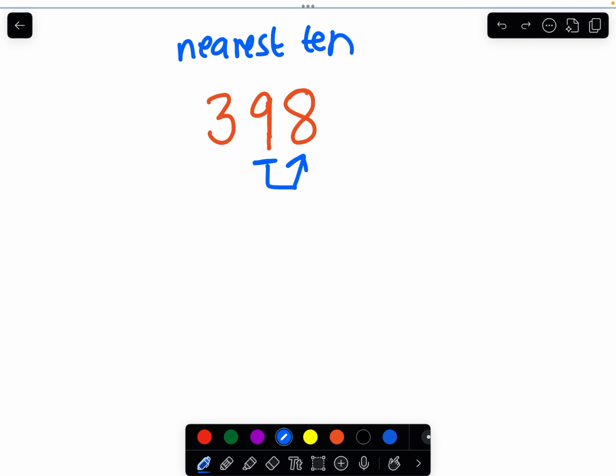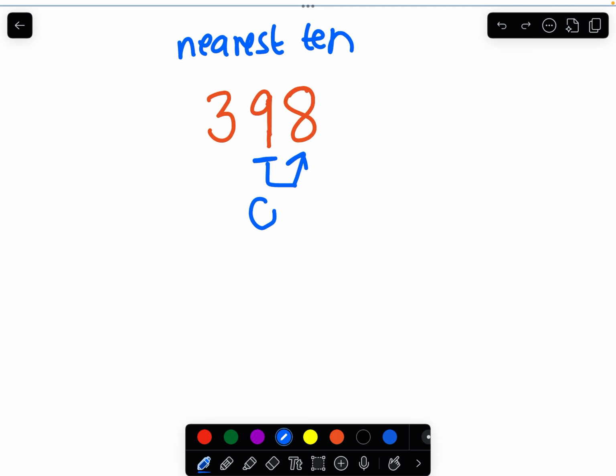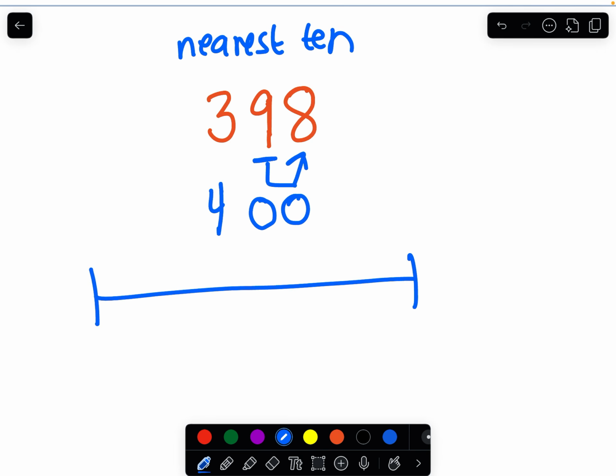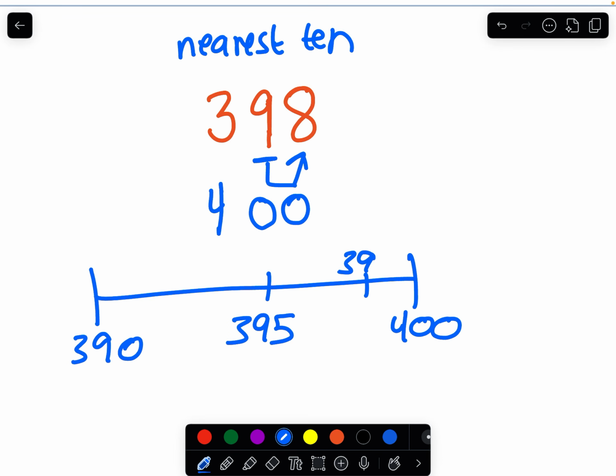Well, we're going to go ahead and do that. We're going to make the 9 a 0 and increase the hundreds place by 1. And then the ones place is always a 0. So we get 400. And again, if you need a visual to double check your answers, 398, that is between 390 and 400. There's 395 in the middle, and 398 would be about there.